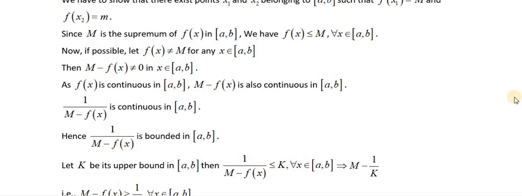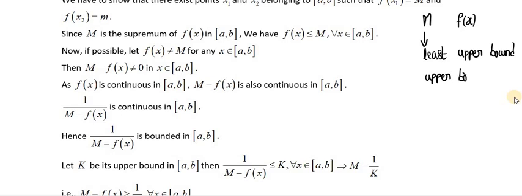Since capital M is the supremum of f of x, that means supremum means least upper bound. So if M is least upper bound, then it is an upper bound also.